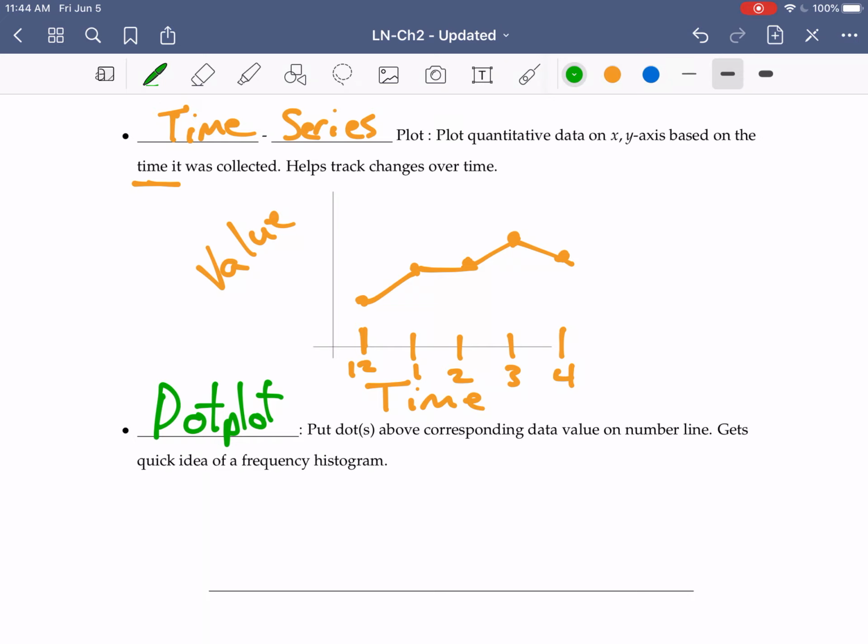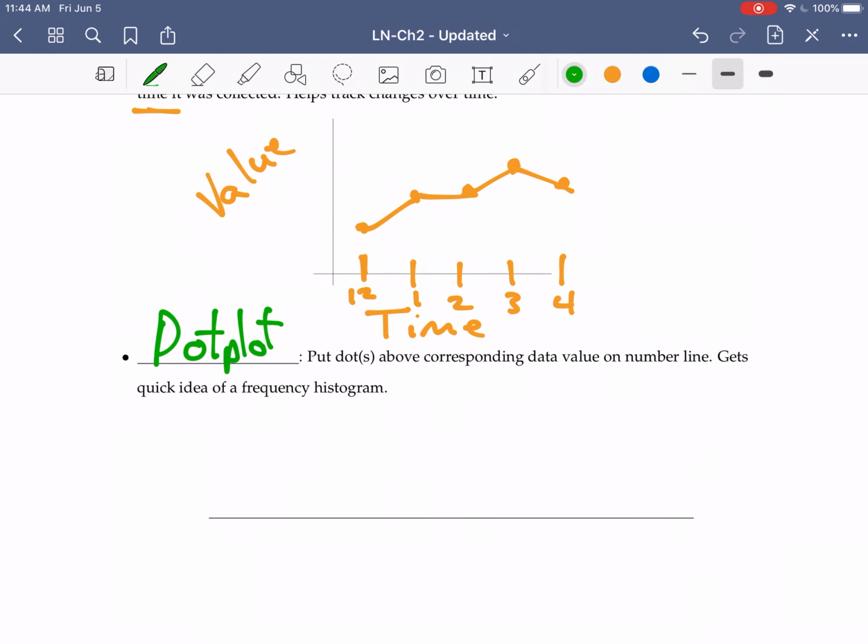A dot plot puts dots above corresponding data values on a number line. It gives you a quick idea of a frequency histogram. Okay, so if we had, say, 7 here, and the value 7 was observed twice, we would put not 1 dot, but 2 dots above 7. And maybe 8 was not observed at all.